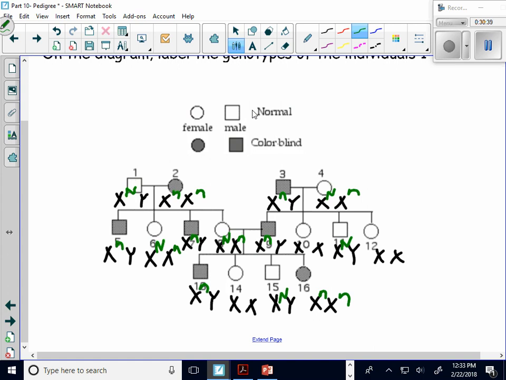What about 10? We know the front X, right? What about 12? We know the front X, right? Do we know the back X? Where'd they get that capital N from? What number?